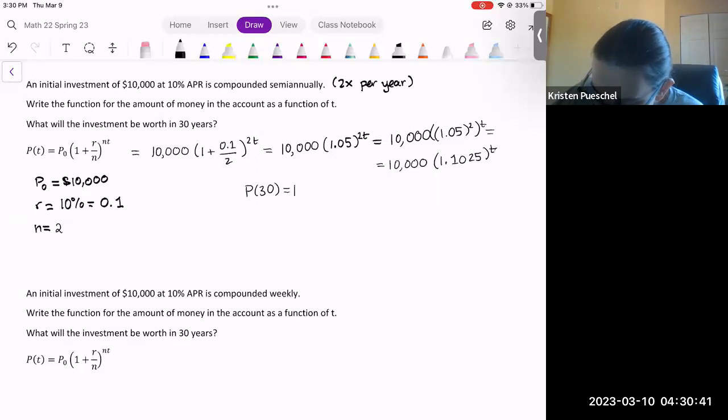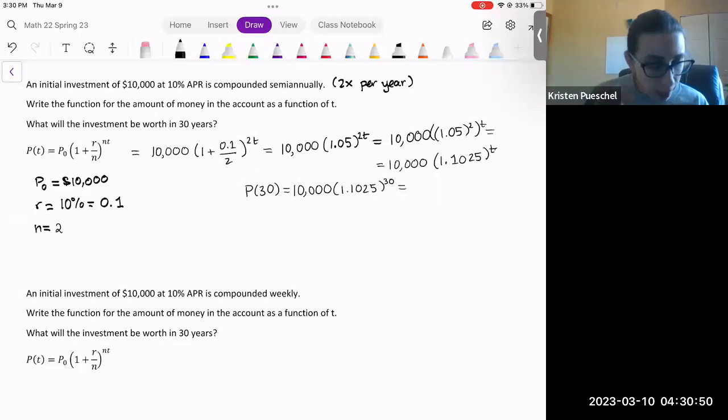Okay, let's take a look at how much we make after 30 years. P of 30 then is 10,000 times 1.1025 to the 30. And when we go to put this into our calculator, it's easiest to do the exponents first, and then multiply in that $10,000 out front.